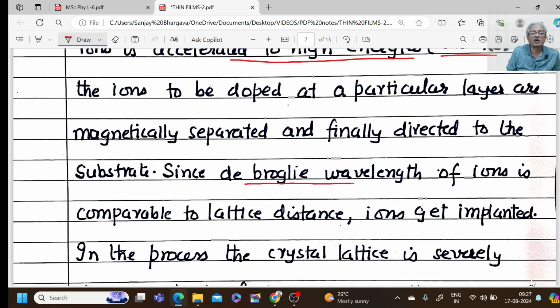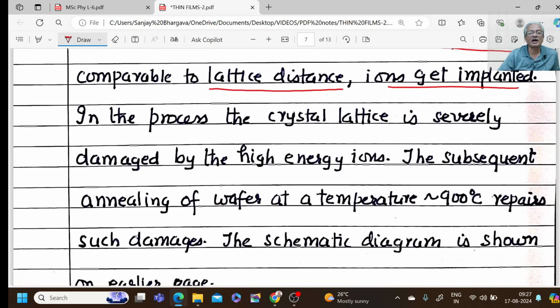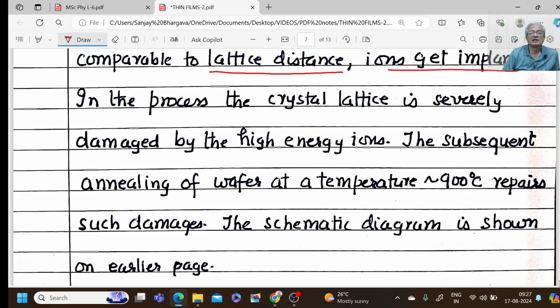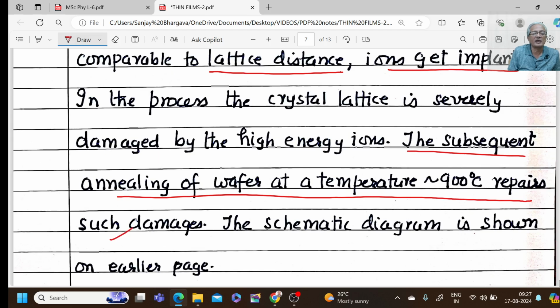Since the de Broglie wavelength of the ions is comparable to the lattice distance, ions get implanted. In the process, the crystal lattice is severely damaged by the highly energetic ions. Then the subsequent annealing at a temperature around 900 degrees centigrade repairs such damage. The schematic diagram was shown on the earlier page.